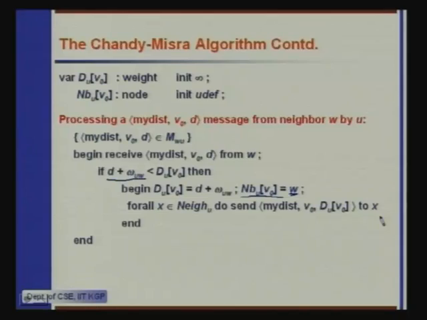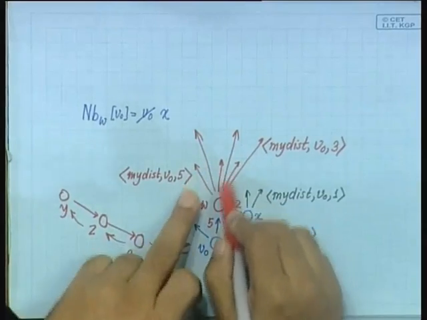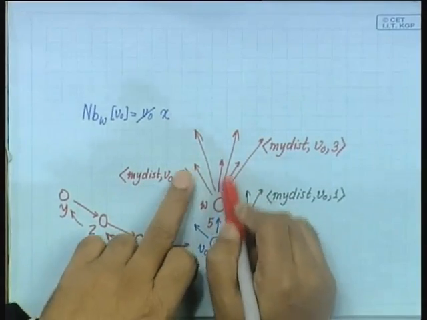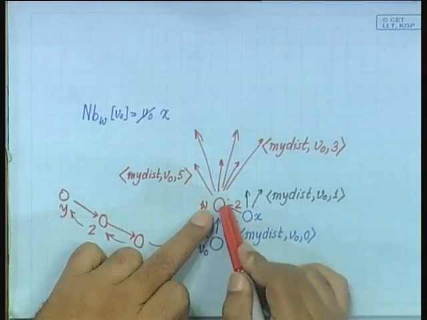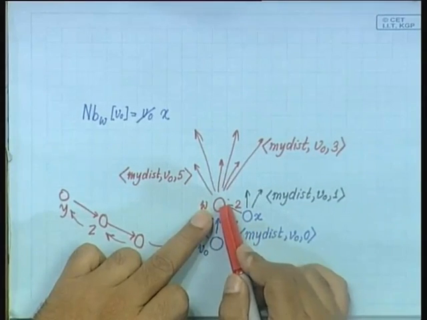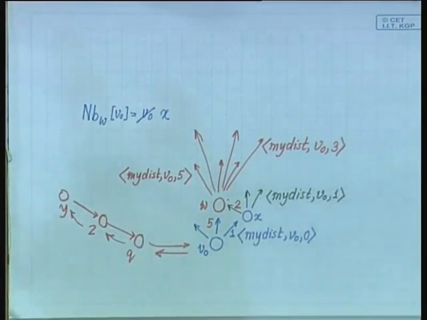Now look at what happened here. This W node got the mydist V0 message, and because it is distributed, it had already propagated this mydist V0 5 message to its neighbors before the shortest path was discovered. So in the distributed sense, it is all happening in parallel.